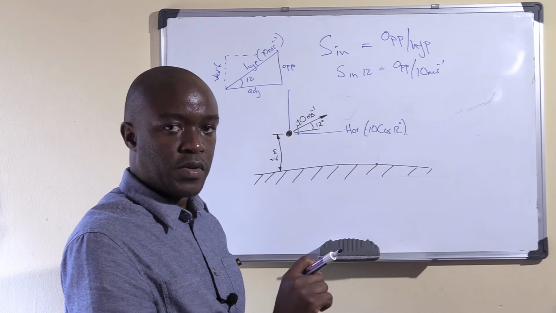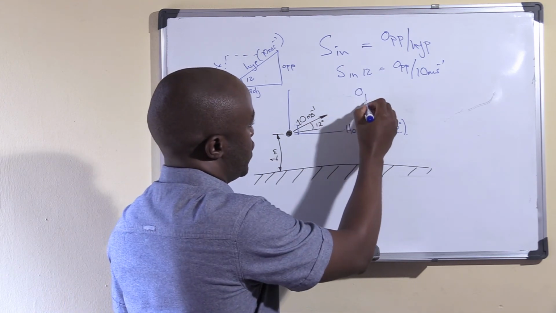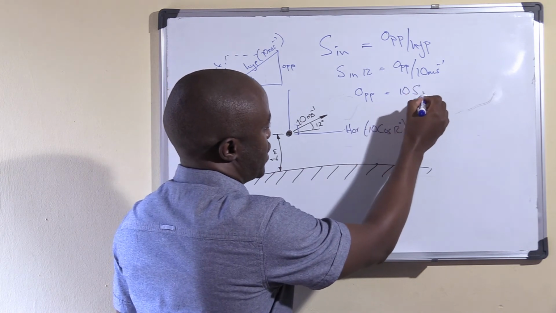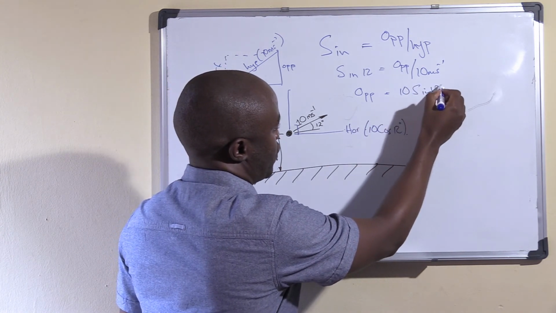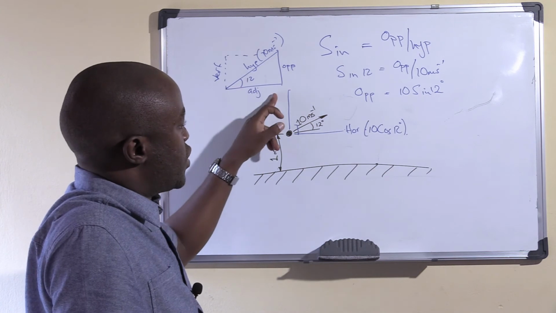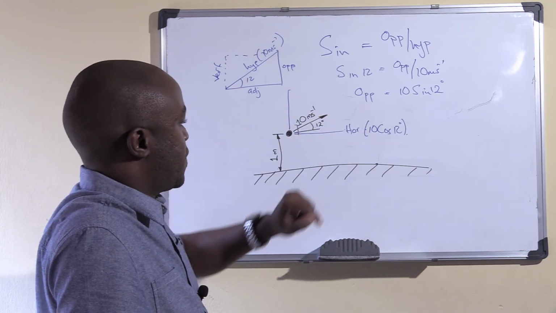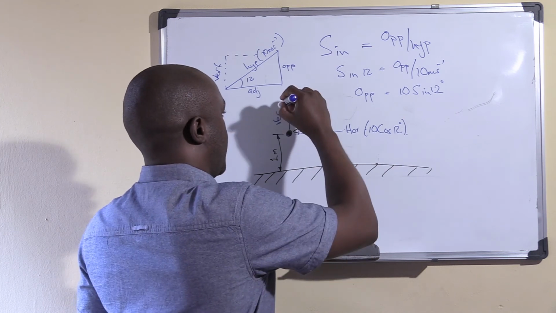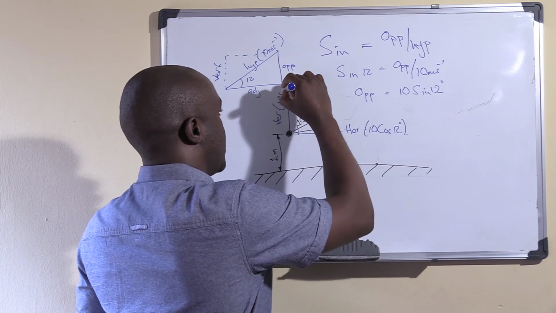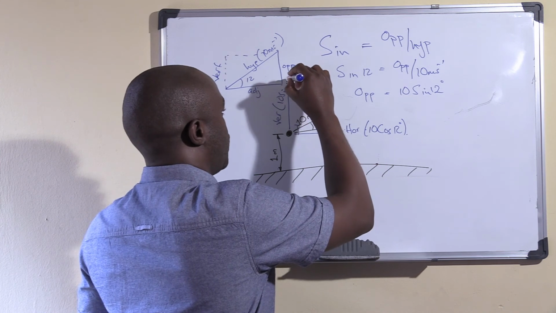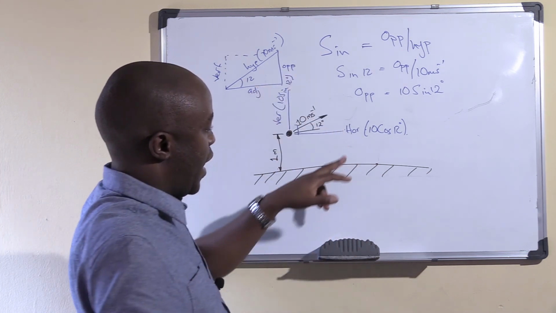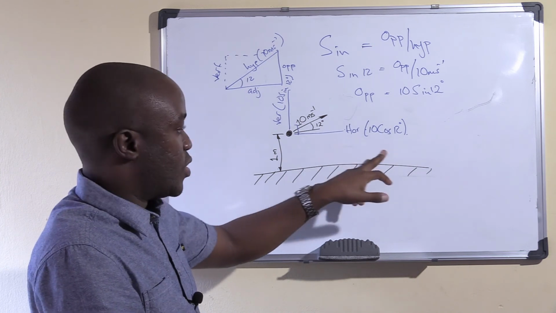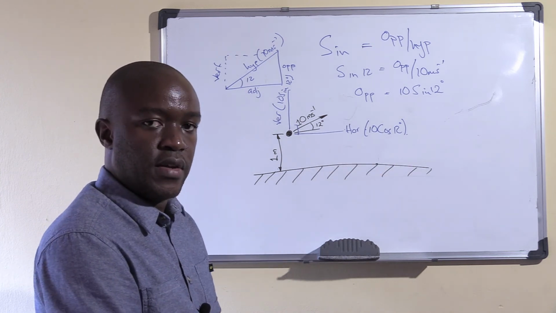So the value of our opposite then becomes 10 sine 12 degrees. Our vertical, which is our opposite, is equal to 10 sine 12 degrees, and our horizontal is equal to 10 cos 12 degrees.